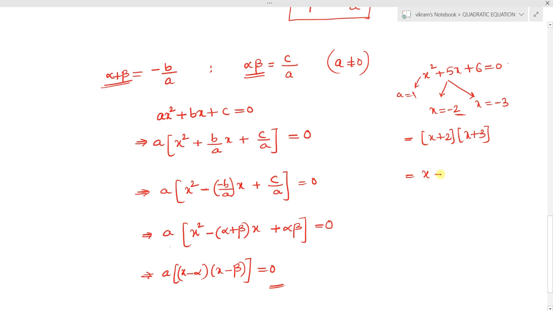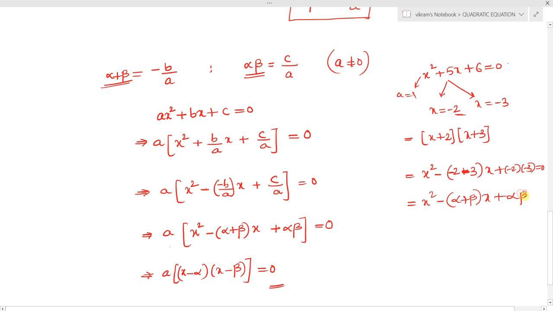Otherwise, it can be written as x square minus of minus 2 minus 3 into x plus minus 2 into minus 3 equals 0. Again, this is in the form x square minus alpha plus beta into x plus alpha beta, where alpha equals minus 2 and beta equals minus 3.